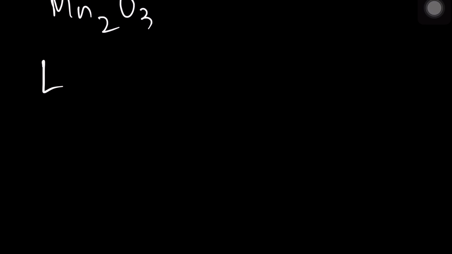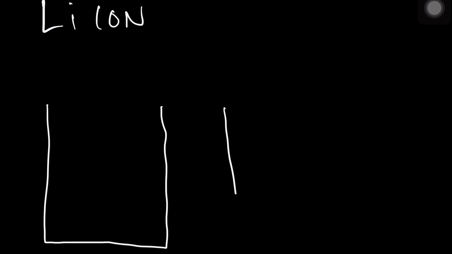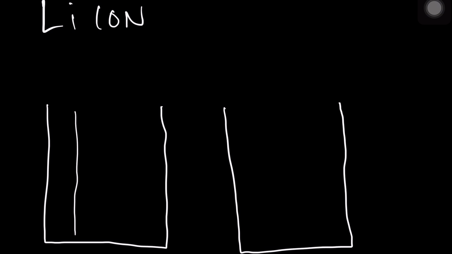The last electrochemical cell we will be covering today is the lithium-ion battery. Keep in mind that while the dry cell we just covered was a first degree electrochemical cell, this is a second degree electrochemical cell, so it is rechargeable. So let's take our example with two beakers with an anode and a cathode.